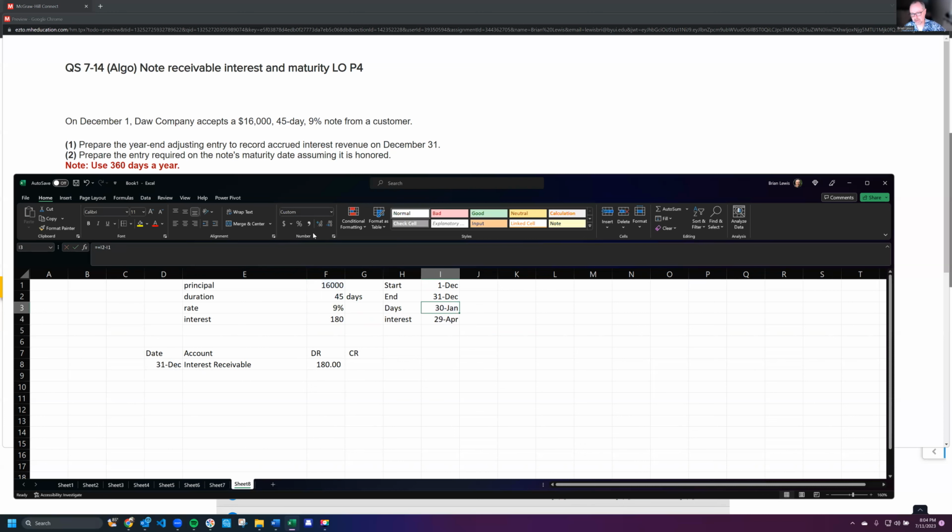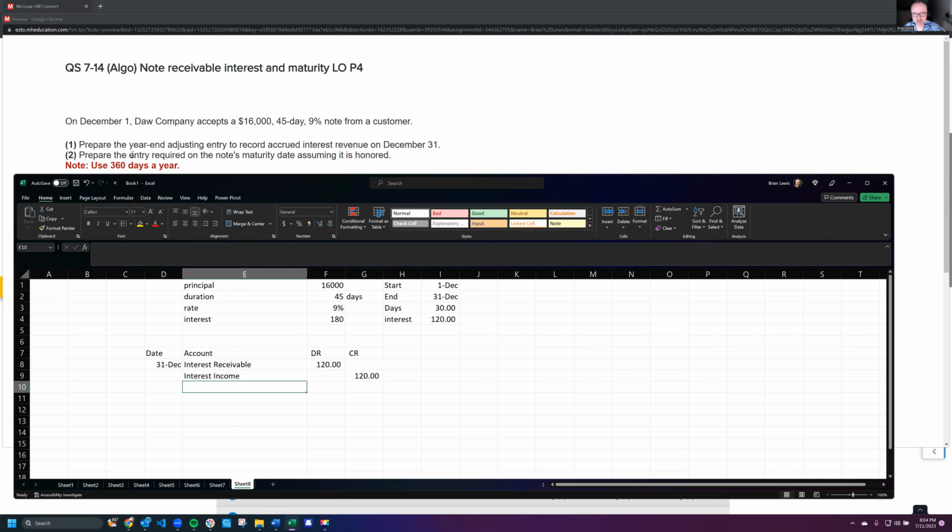This is actually a days number, and this is a value. Okay, it's actually 120, equals 120. And we're going to set up an interest revenue, or most people call this interest income. Okay, so something like that.